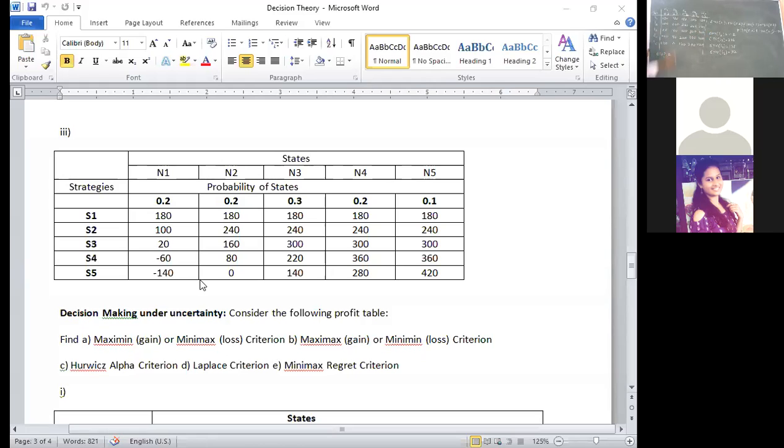EVPI is equal to, in the first column, you have to choose the maximum.